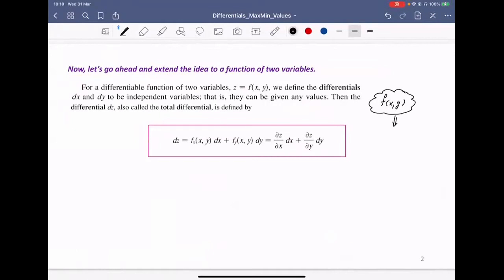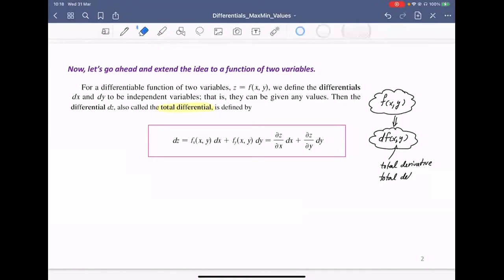Because this is a function of two variables, differential in two dimensions, we're going to call it the total differential. So you just add the adjective to it, and then you call this thing the total derivative. And then here we're going to define something called df(x, y). This is called the total derivative or total differential.